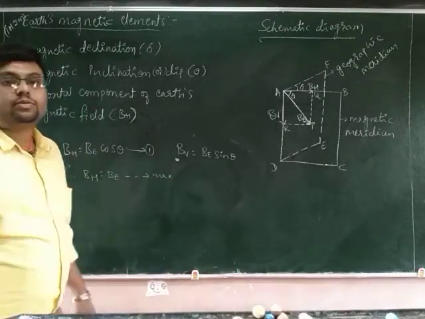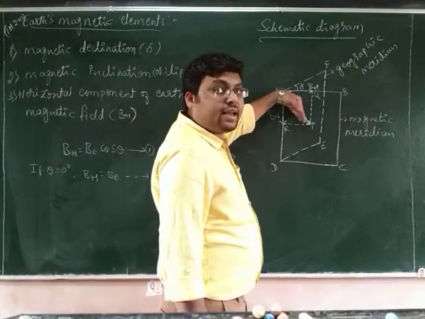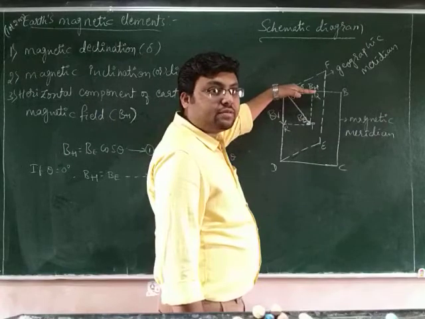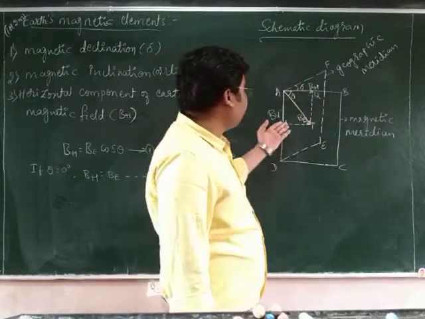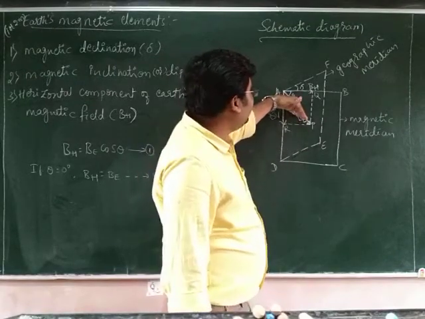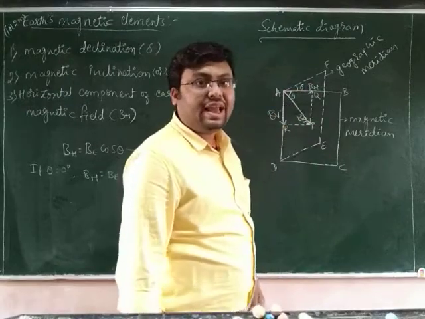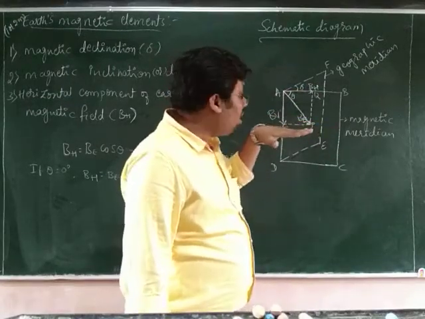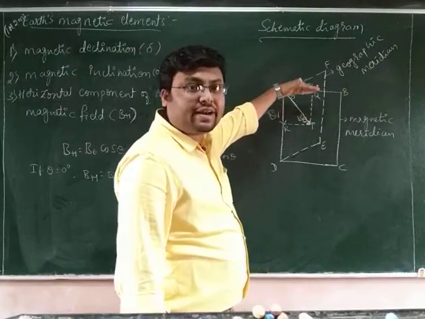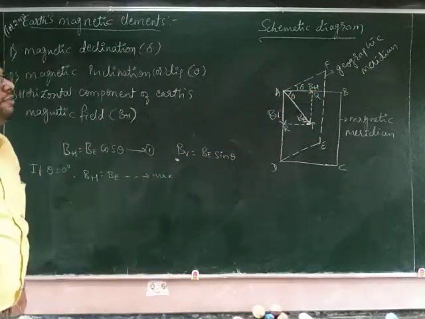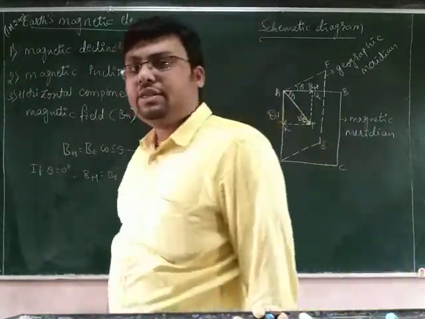Theta is 0 when this BE comes in this direction, that is at the equator. Whenever BE comes along the equator, there we can find the maximum horizontal component of Earth's magnetic field.